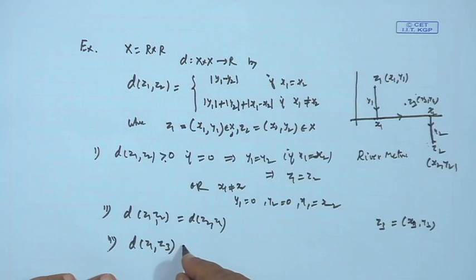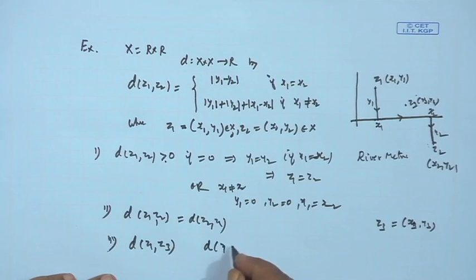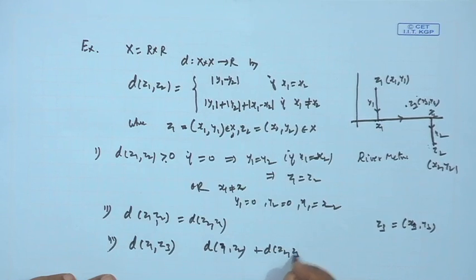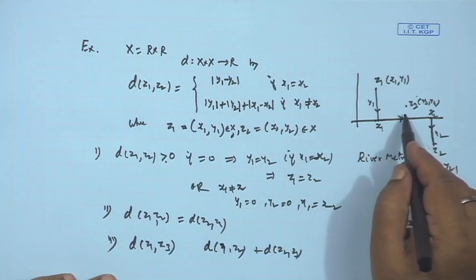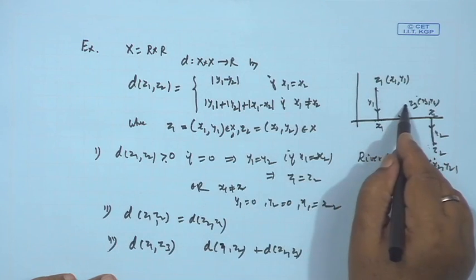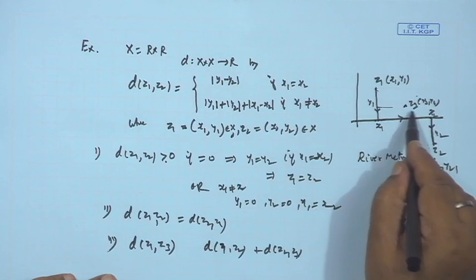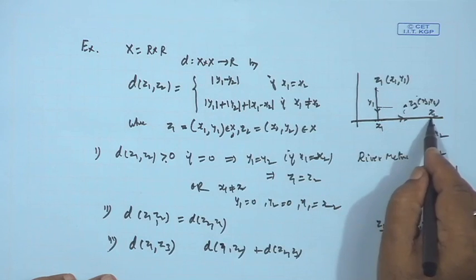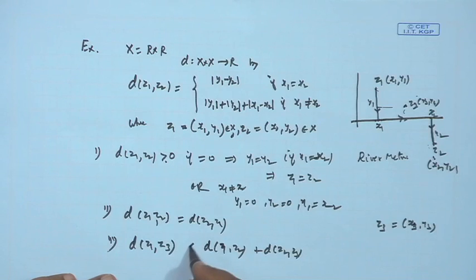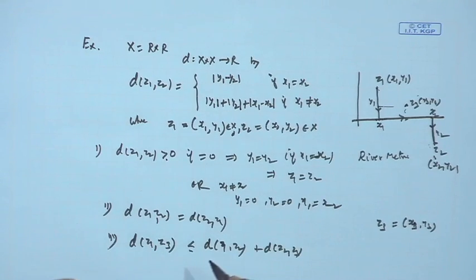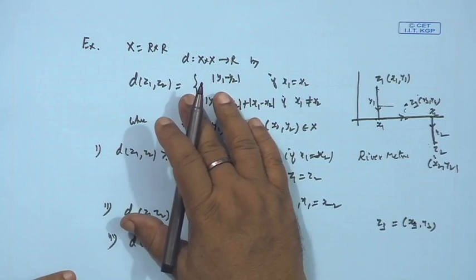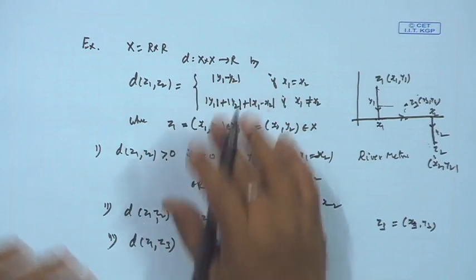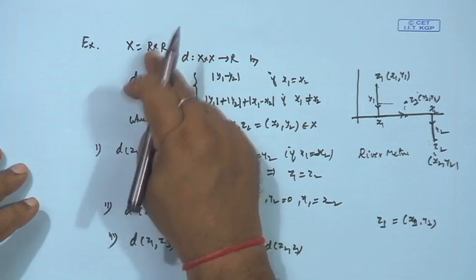If we find z1 z2 and then z2 z3, we see z1 z2 is this distance, while z1 z3 will be this distance, and then z2 z3 is again this and this. So d(z1, z3) will be less than or equal to d(z1, z2) plus d(z2, z3). Therefore, the triangular inequality is also satisfied. So this forms a distance on X, a metric on this X.